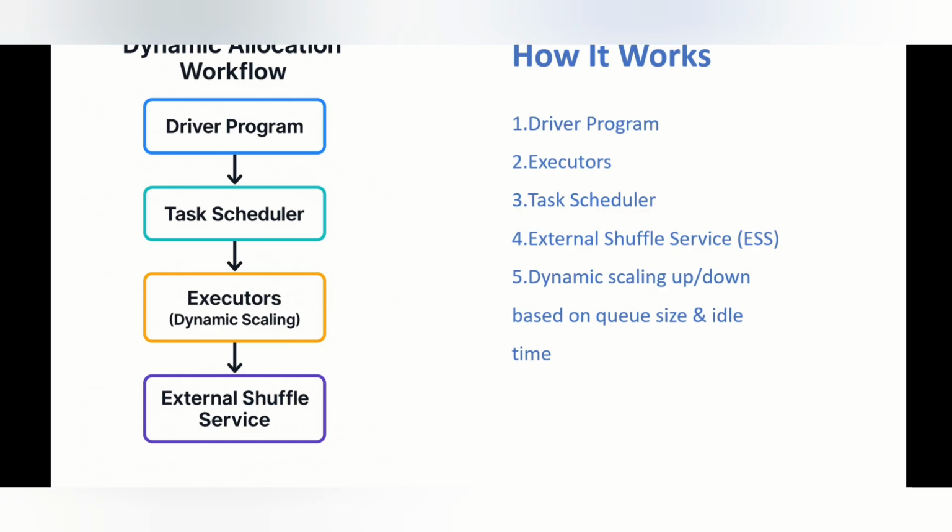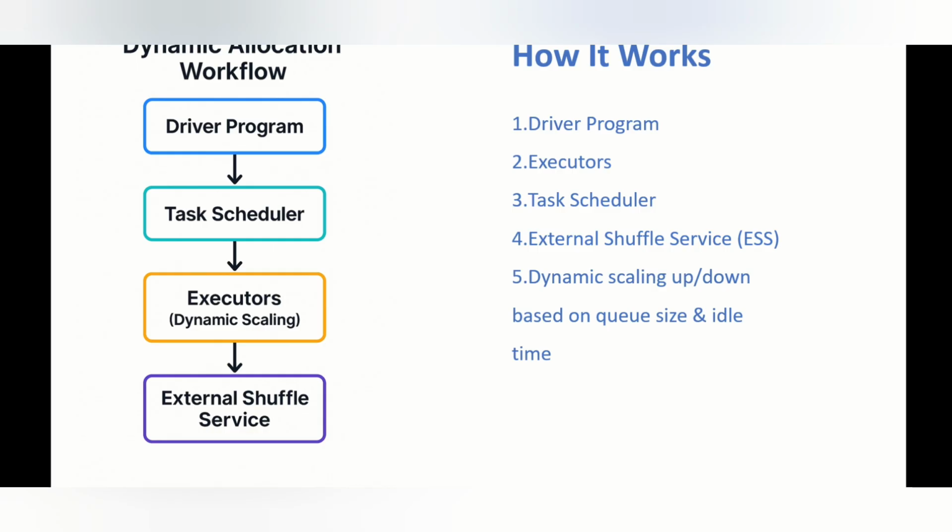Now even if your executor got removed, that will not affect anything, because your external shuffle service already knows the place where the file is written. Then if another executor needs that file, ESS can easily provide the file location to that executor.